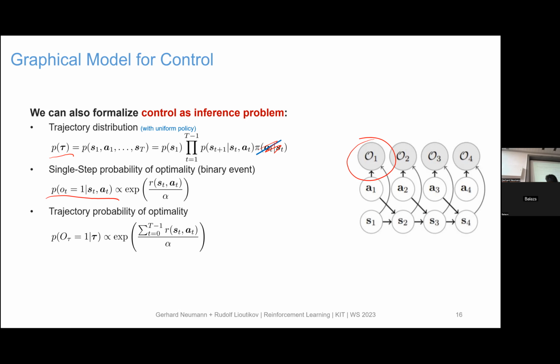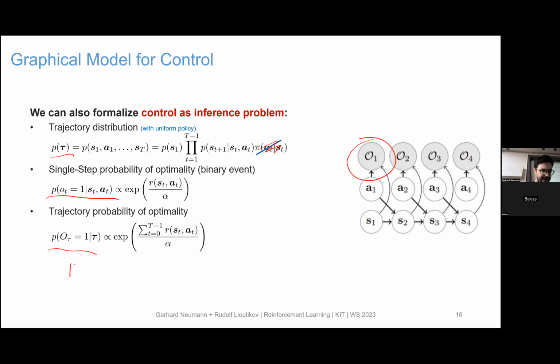It's again a very similar trick as we have seen before to discuss how reinforcement learning and variational inference are connected. We just say this optimality event is proportional to the exponential of the reward. Then we can similarly say the optimality event of the whole trajectory, which basically means we want to be optimal at every time step.